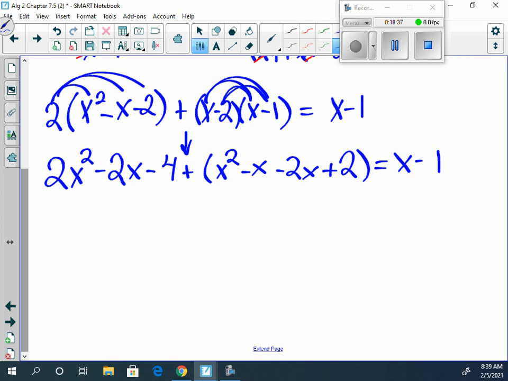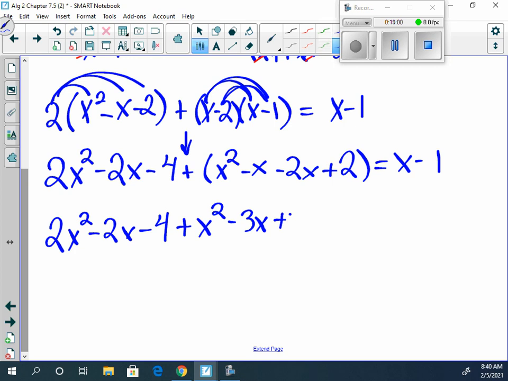Now you had it. It was just had them flipped. You're good. So 2x squared minus 2x minus 4. Now again, because it's positive, the signs aren't going to change. If it was negative, they would be changing. So we can drop those parentheses and combine our like terms. And so here, negative x minus 2x would be negative 3x plus 2 is equal to x minus 1.